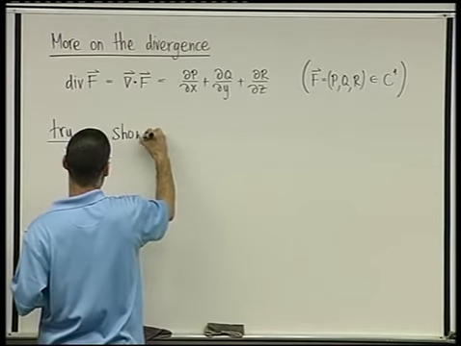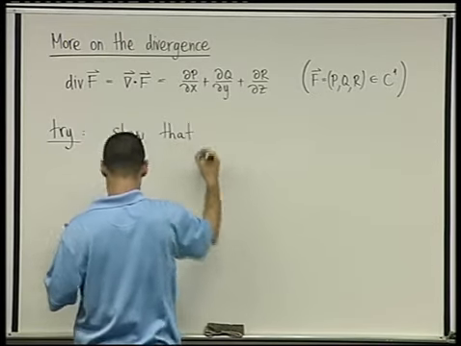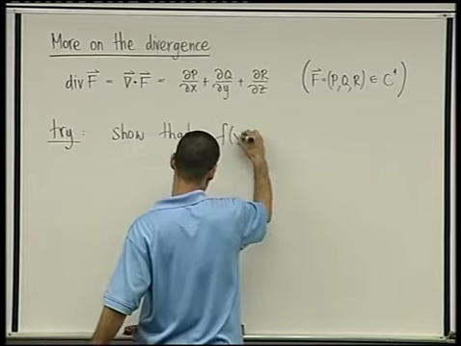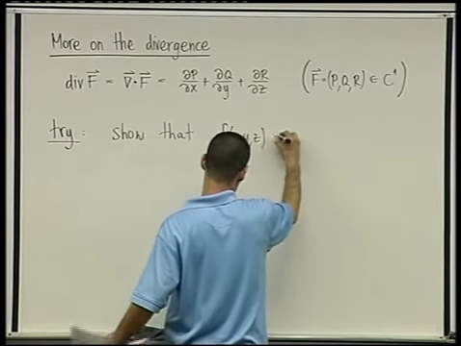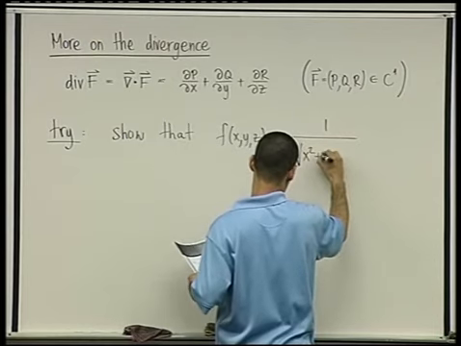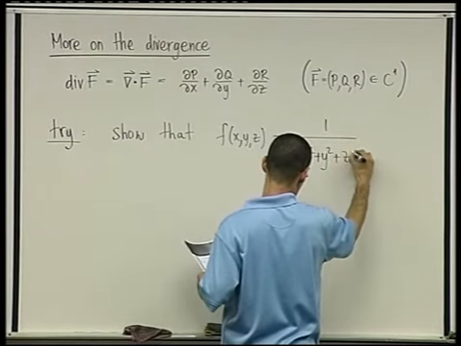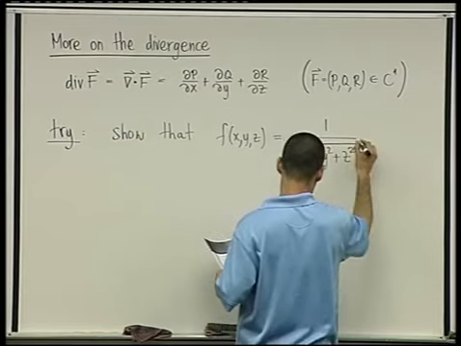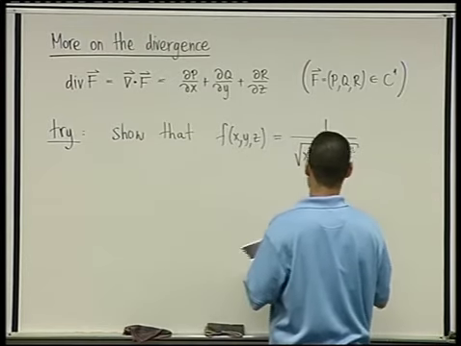Show that the function f of x, y, z equals 1 over the root of x squared plus y squared plus z squared is harmonic.